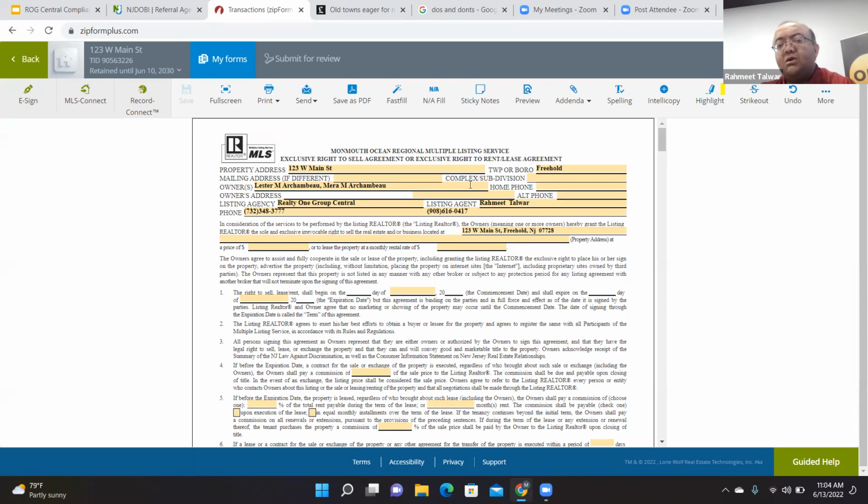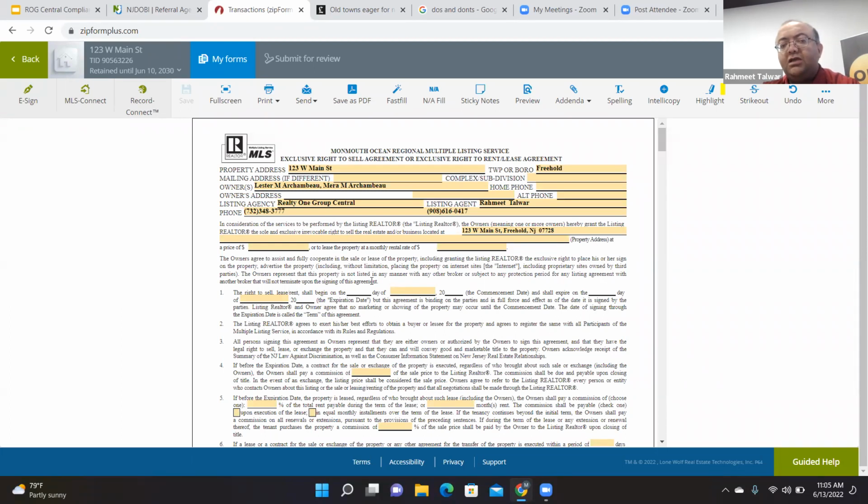It's best to fill in all the boxes, even if they're meant to be blank. You could just put not applicable in there. This one I started, I have not finished yet. I have put in a sample listing agreement in every template on zip form. So if you need to go back and look at a Monmouth MLS listing agreement, you can do so.